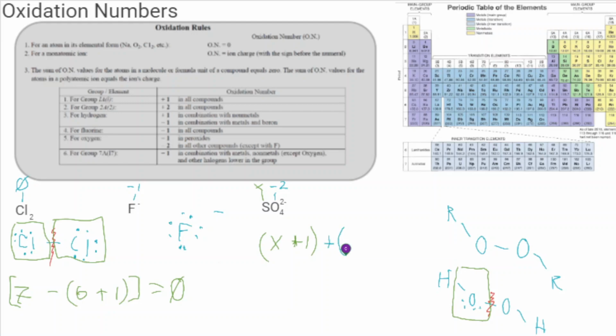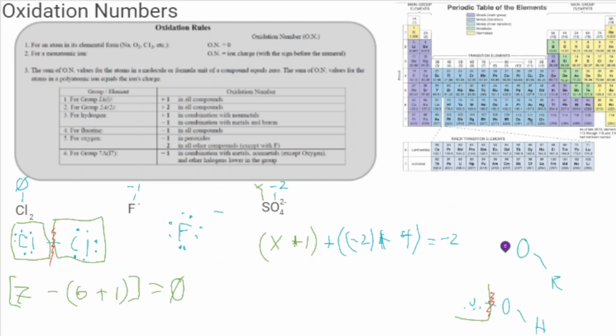And for our oxygens, as a -2 oxidation number, we're going to multiply that by our number of oxygens. So in this case, 4. And then that needs to be equal to our charge of -2. And so we can solve this algebra equation for x, and that'll help us figure out what we're doing.